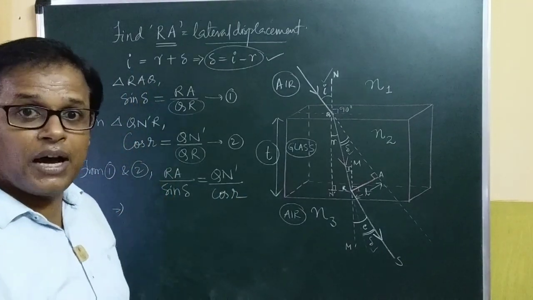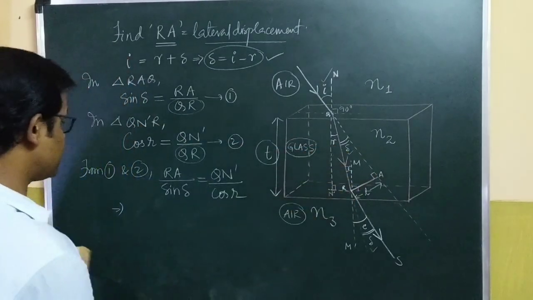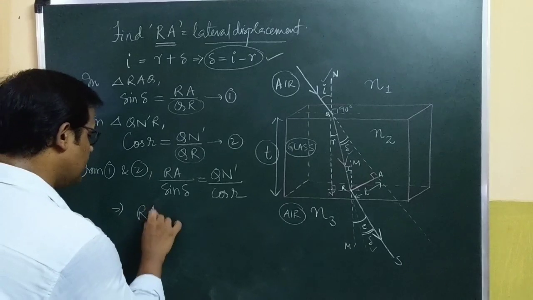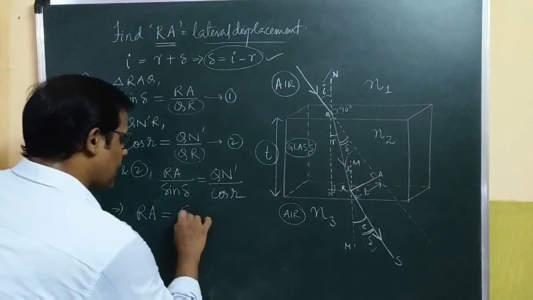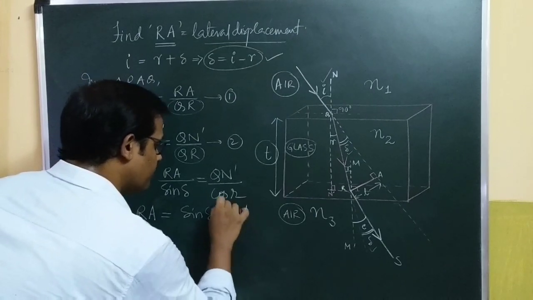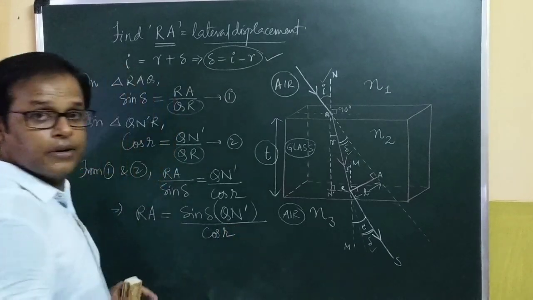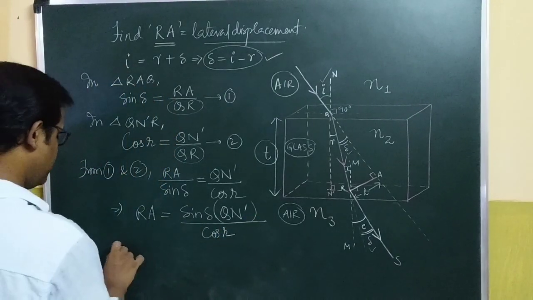Are you following? Come on. RA is the lateral displacement. So RA should be written as sine of delta multiplied by Q and prime divided by cosine of R. I think that's visible to you here.